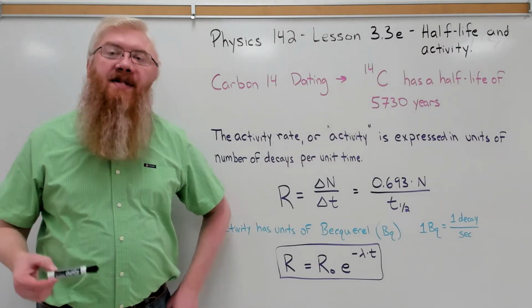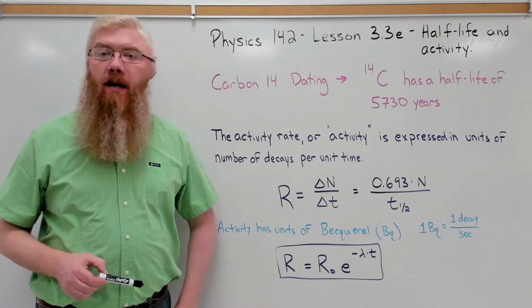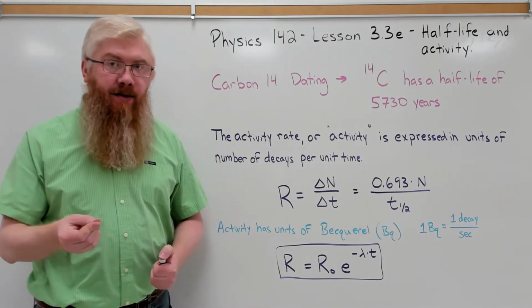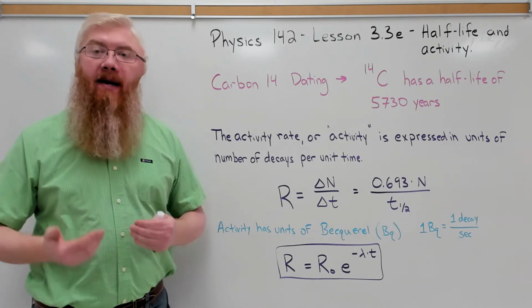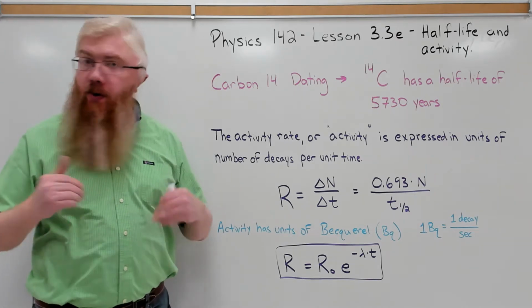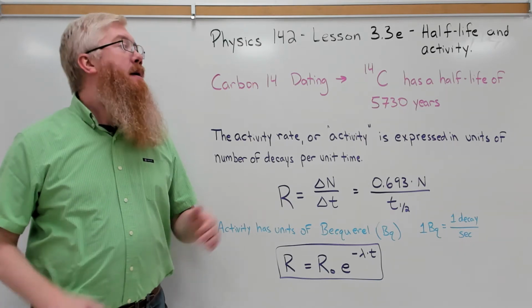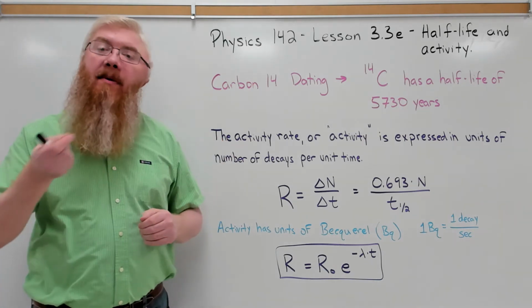Now, carbon-14 dating, which I mentioned a bit ago, is an important way of dating organic materials. In our lives, as we consume food, plant or animal matter, doesn't matter if you're a vegan or an omnivore, you eat carbon-14.